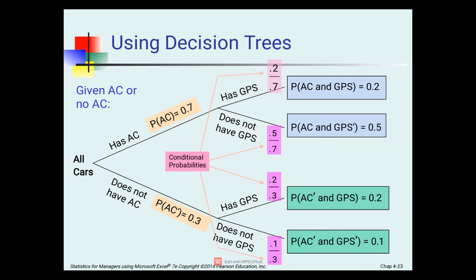At the same time, the car can have air condition and also have GPS. So a car can have GPS given that it has air condition, or it cannot have GPS given that it has air condition. Or at the same time, the car cannot have air condition, but it can have GPS. I follow you. It's possible for a car to have GPS but not have air condition.